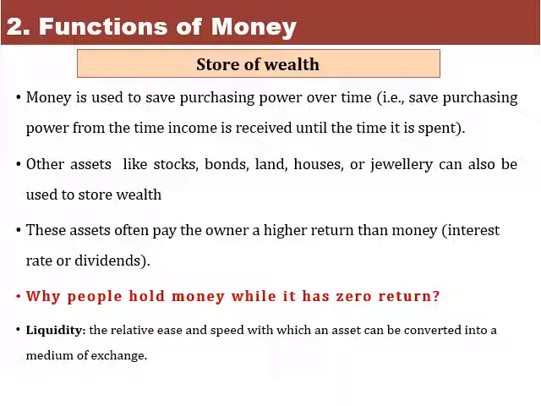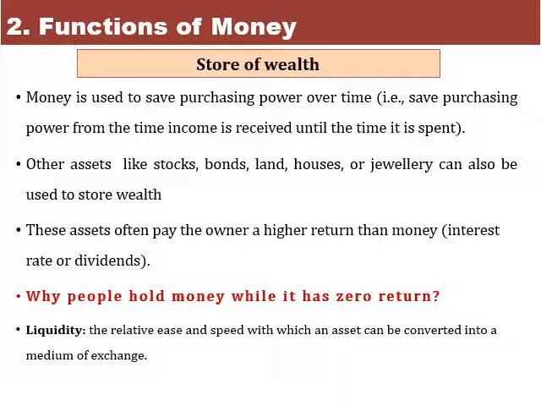Then, based on that, we have a very important question, which is why people hold money while it has a zero return. The answer is that money is the most liquid asset of all its counterparts, which means that we can use money directly to make purchases.